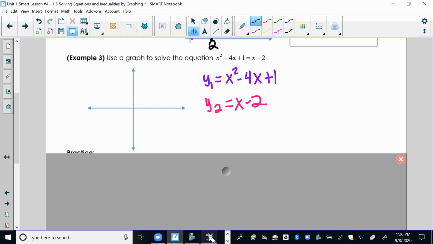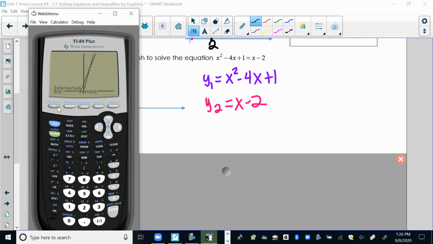So now I'm going to go to my graphing calculator and type in my two equations. So y1 is x squared minus 4x plus 1, and y2 is x minus 2. Now, I'm not going to hit graph, because this window is still set up to go from -10 to 200 for the y values, which is way bigger than I need for this example.